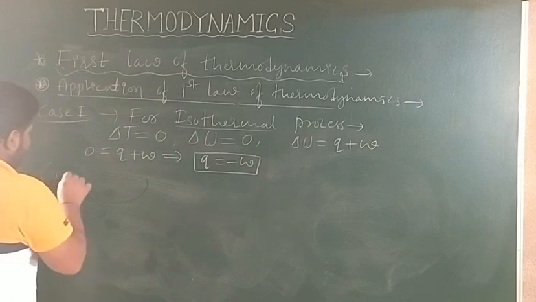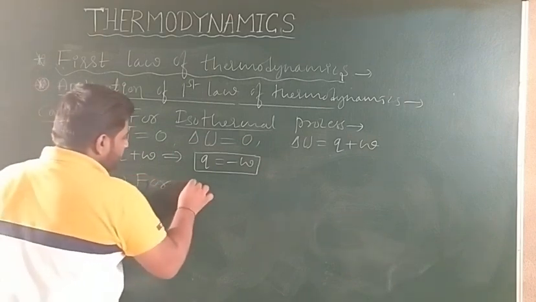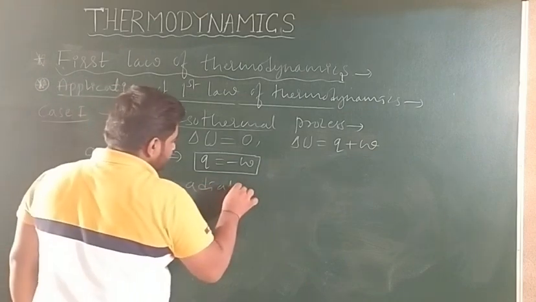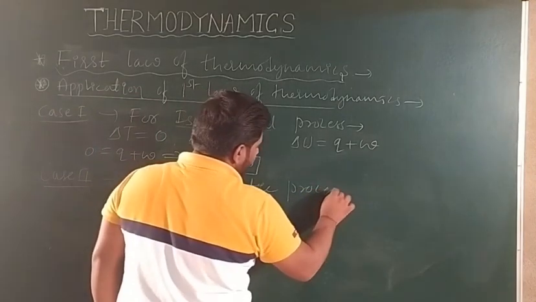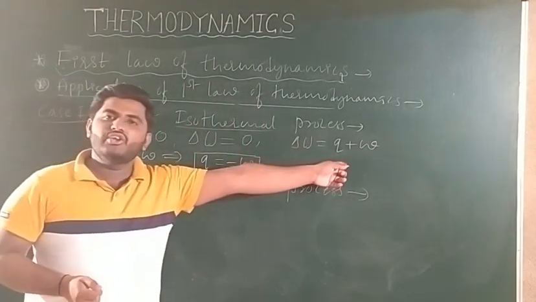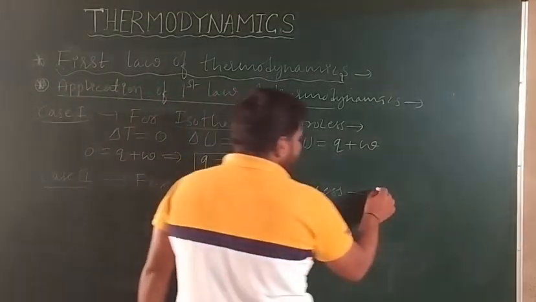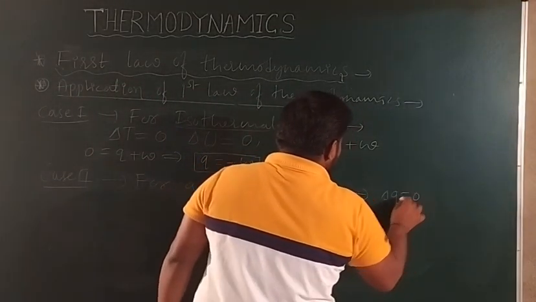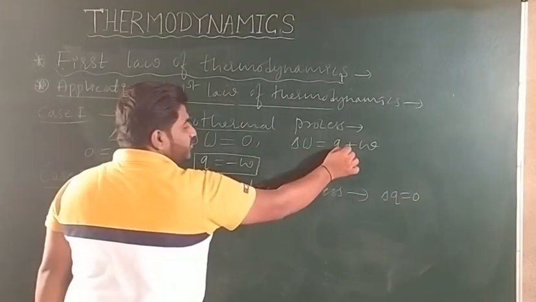Now case 2, for adiabatic process. You know already, for adiabatic process, del Q or Q is 0. At that time, put Q equal to 0 here.